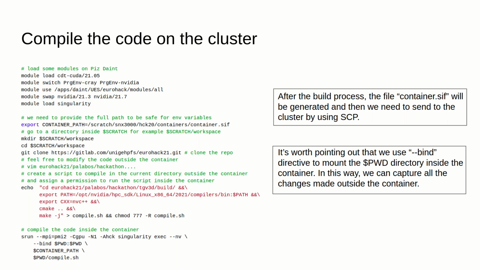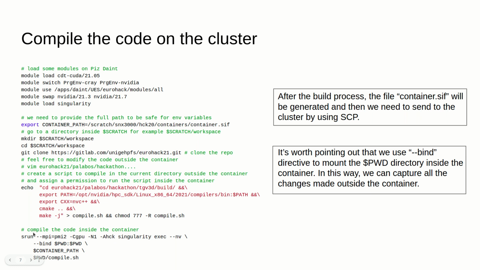So here we just need to create the script and assign a permission, and then after that we send a job in order to proceed with the compilation, but by using the container.